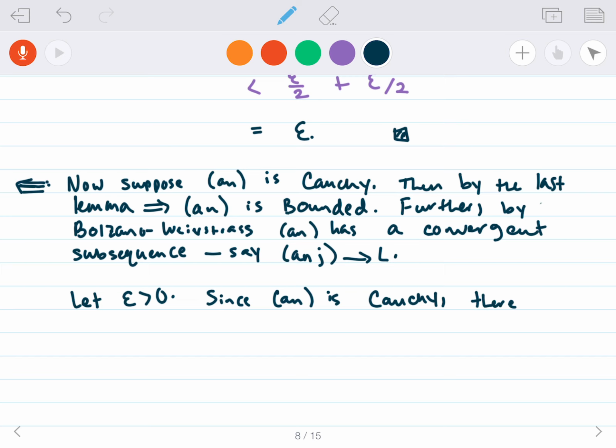there exists some capital N1 in the naturals such that, again, hypothesis of Cauchy, little m bigger than capital N1 means that the distance between these guys is going to be less than epsilon over 2.